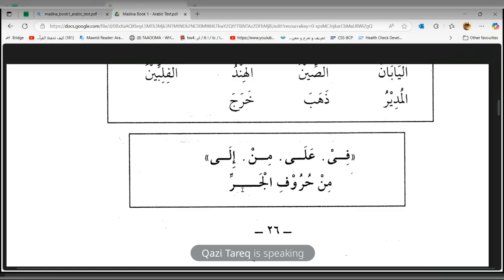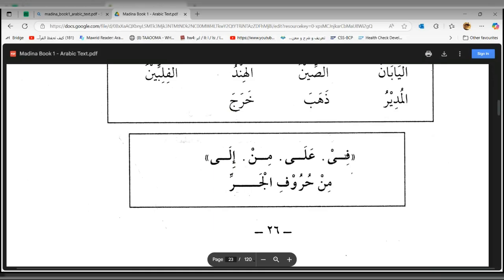Doctor, can you say what fi, ala, min, ila mean? Sure. Fi means in, ala means on, min means from, ila means to. So fi means fil balad, in the city. Ala al-maktabi, on the desk. Ala al-kursi, on the chair.